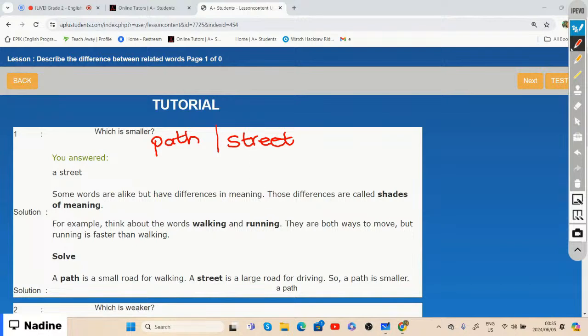A pathway, is that smaller, or a street? So we need to say which one is smaller. Is it the path or is it a street?